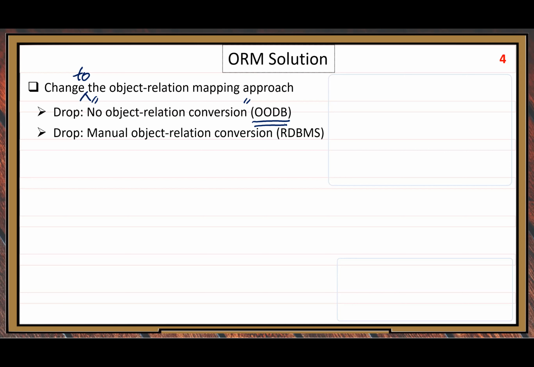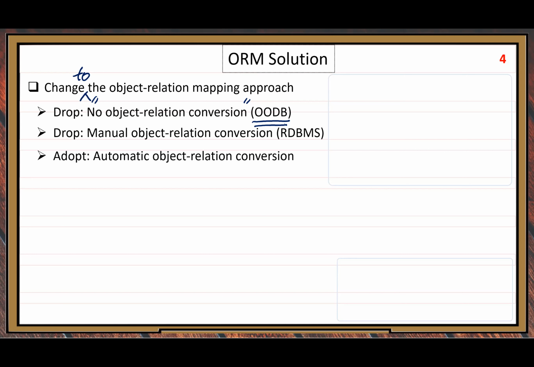We do not want to do manual conversion, not productive, tedious work. Nobody would like it. So we like to have some automatic conversion. Adopt automatic object relation conversion. That would be great.